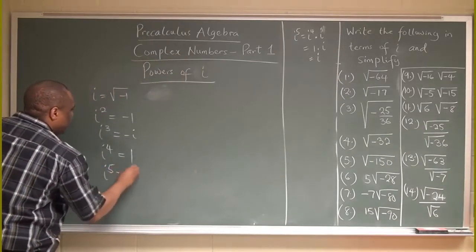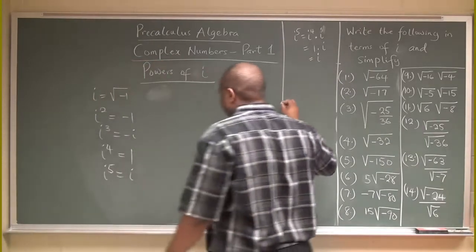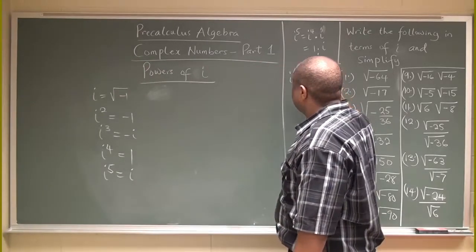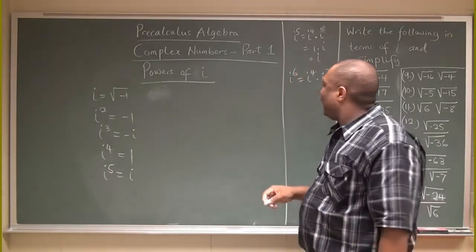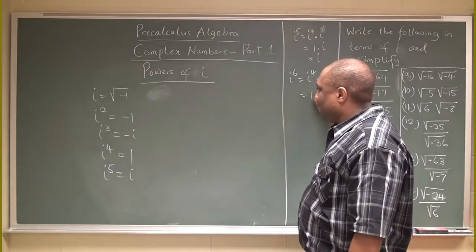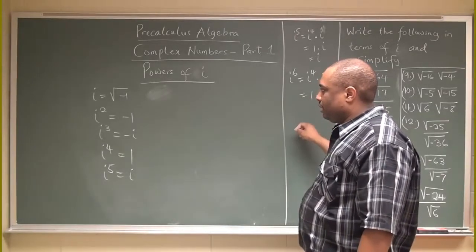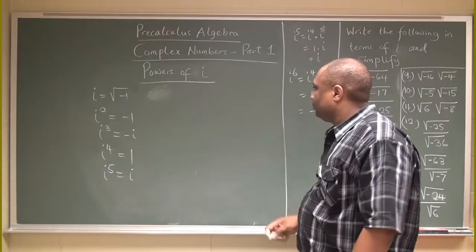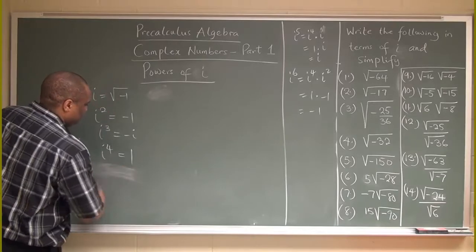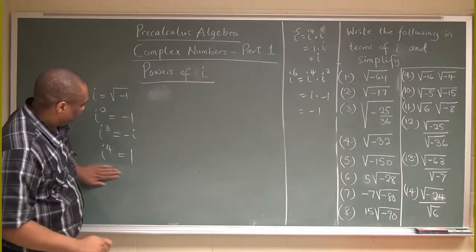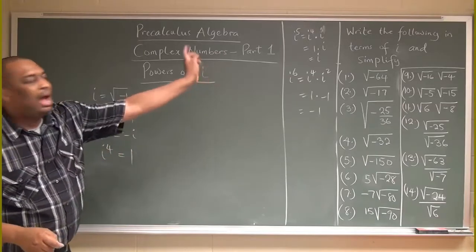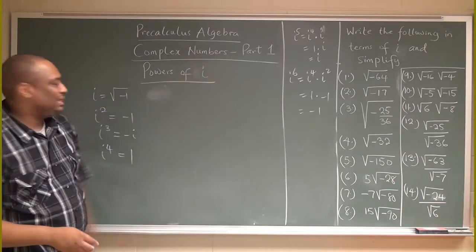I to the 5 is I. Now I to the 6 will be I to the 4 times I squared, which is 1 times negative 1, which is negative 1. So we see that I to the 5 is I, I to the 6 is negative 1.